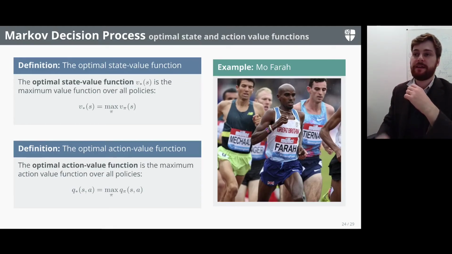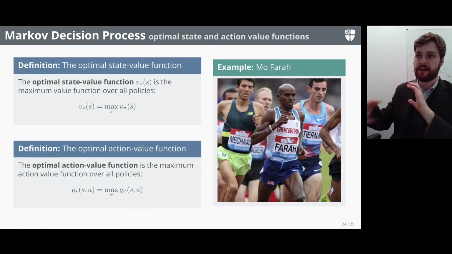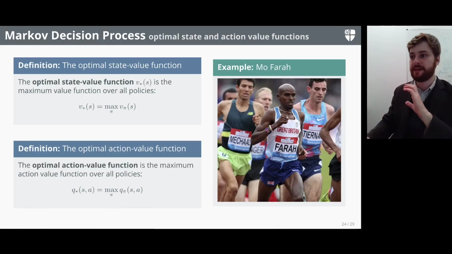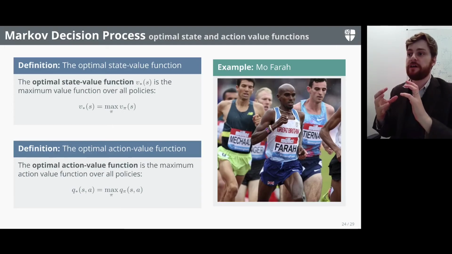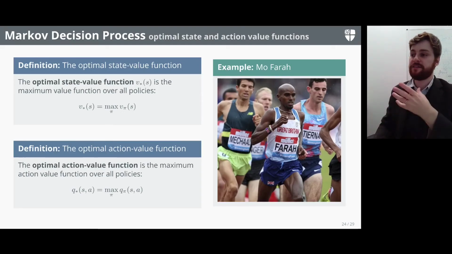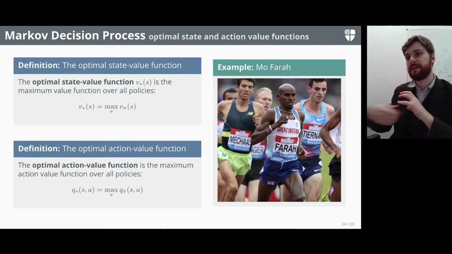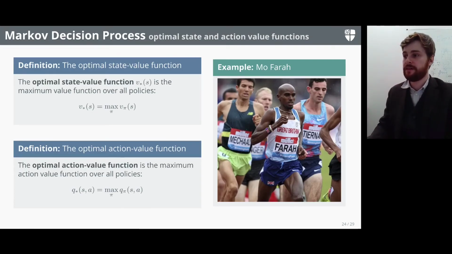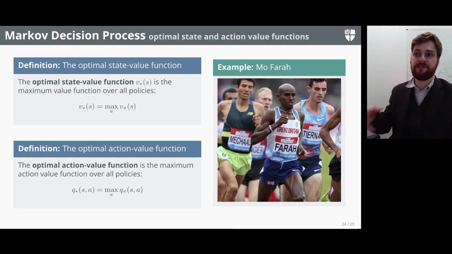But then if he did everything optimally from there on, all his training and his warm-up routines and his pacing, if he did it all perfectly, what's the best time, I suppose the smallest time, he could possibly get? And if you have Q star, you're done. The MDP is considered solved because it tells us everything we need to know to behave completely optimally from there on. It tells us which actions to take in which states to always win.